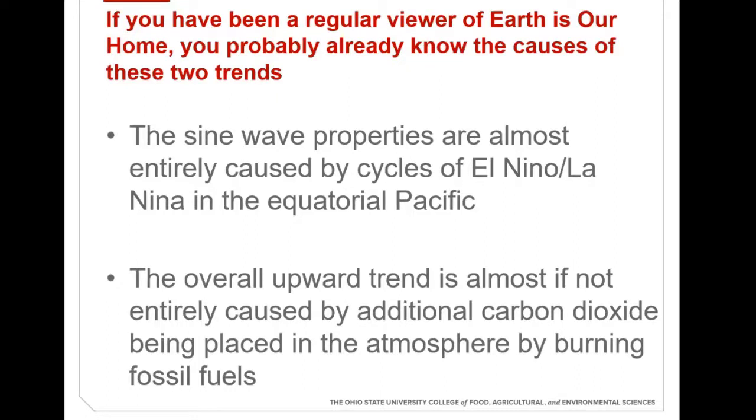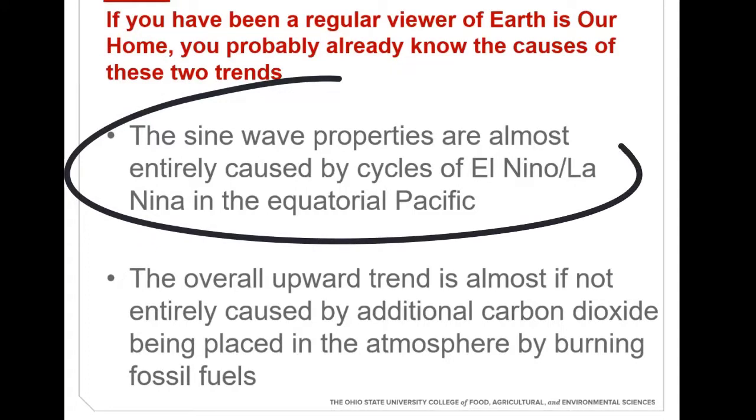So here I'm just repeating. If you've been regularly viewing this, you know that the sine wave properties, when we have an El Nino in the equatorial Pacific, you get a lot of warm water out there, and it releases that heat from the equatorial Pacific into the atmosphere and warms the temperature of planet Earth.